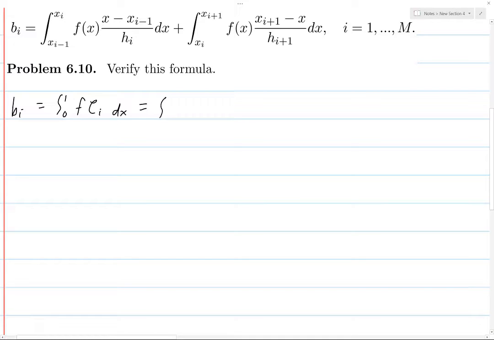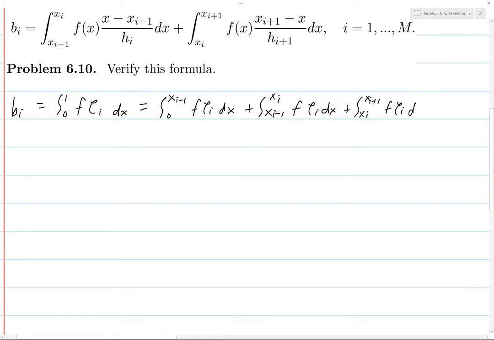Well, this is going to be the integral from 0 to xi minus 1 of f phi I dx plus the integral from xi minus 1 to xi. We're basically just splitting up the interval from 0 to 1 into different segments.